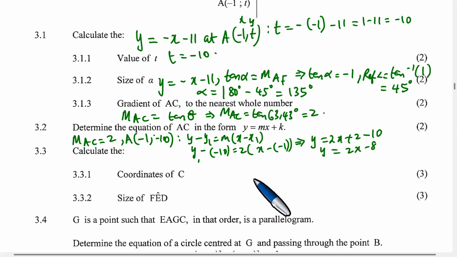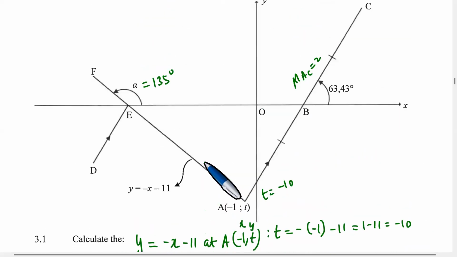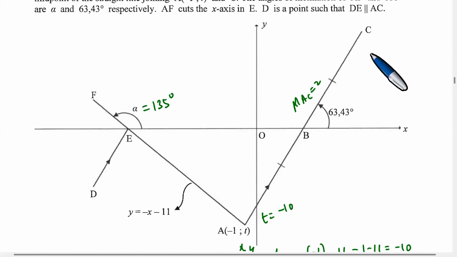Next question. The coordinates of the point C. Let's identify the point C. Right, so here is the point C, and we want to find the coordinates of the point C. But we know that B is the midpoint. Right, if you know that B is the midpoint, you can find one of the values.